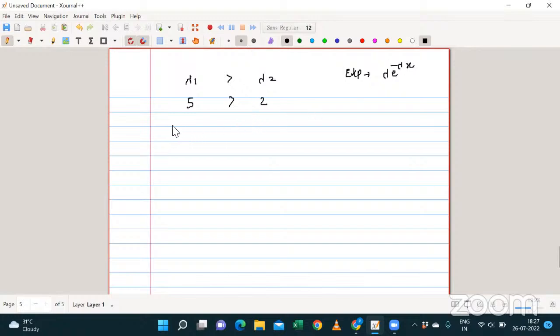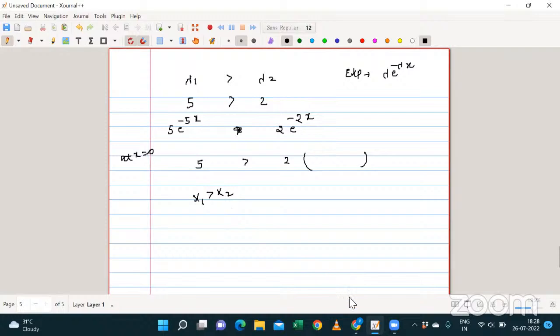So I can write 5 e^(-5x) and 2 e^(-2x). For a quick trick, put x equal to 0: you get 5 greater than 2, since e raised to power 0 is 1. So the x1 graph starts higher than x2.